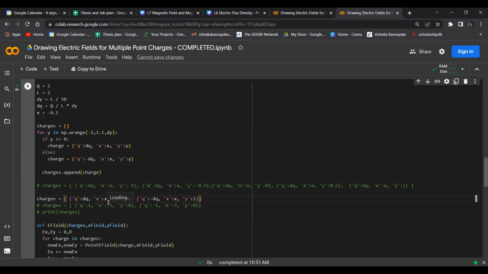I first keep the charge at location x that I define. X is defined as minus 0.1, and y is defined by me as minus 1. So there's one charge at minus 0.1 and minus 1. Another charge has the same magnitude but a different type. That means this is a negative charge, and this negative charge is kept at the minus 0.1 point itself, but the y point is positive 1.